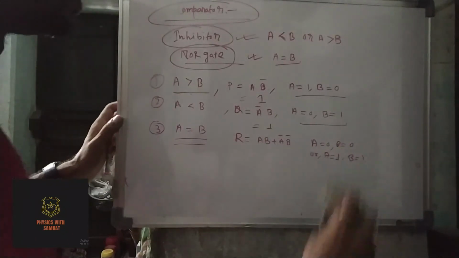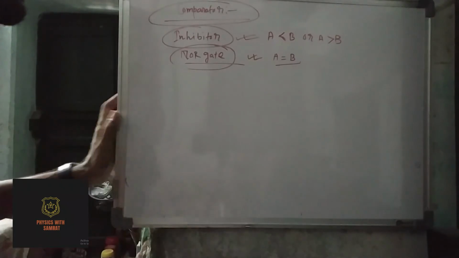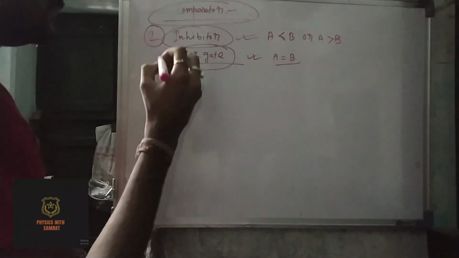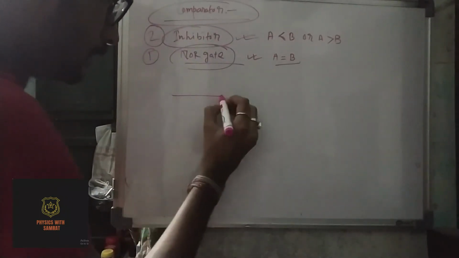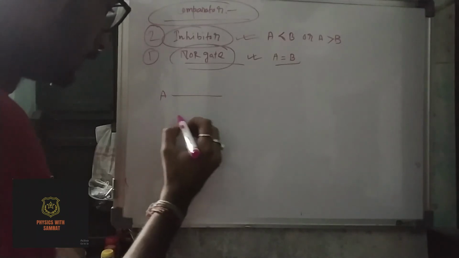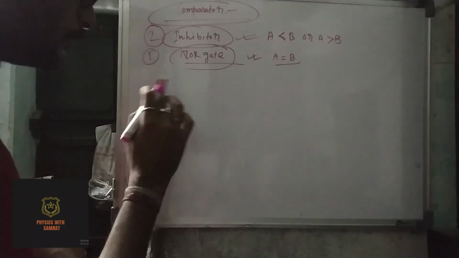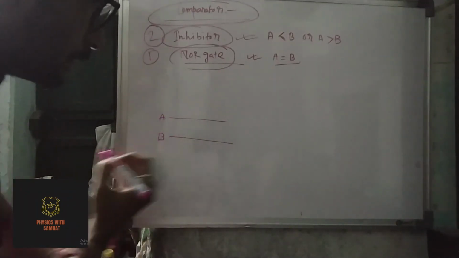So we have to draw the logic gate expression. We will use two inhibitor circuits and one XNOR gate. Let's make it A, B. Okay.